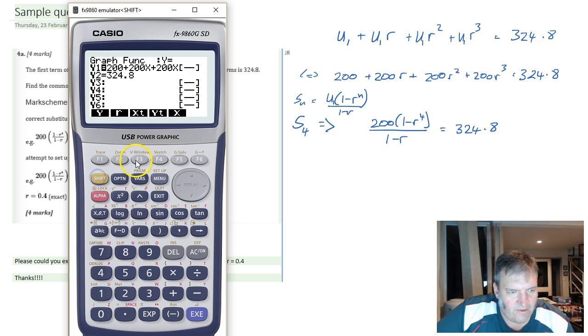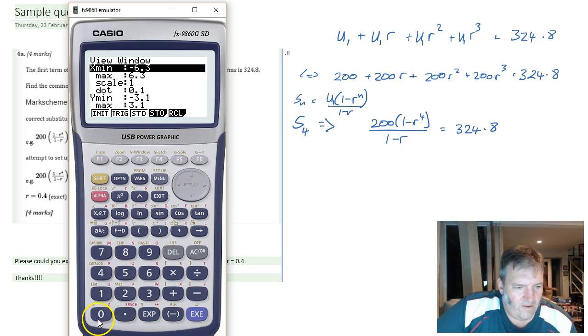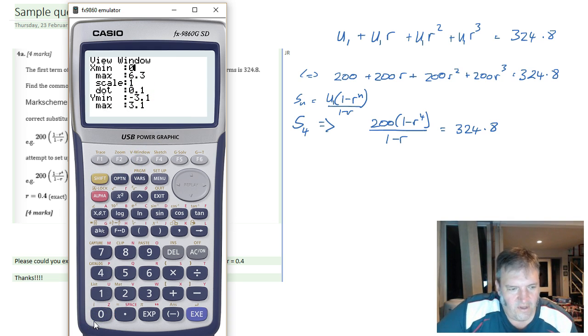Now to make sure I'll be able to see it, I go to my viewing window. Whoa, didn't want to do that. Delete that one. Shift. Oh, I've got to get out of that first, then it will let me do it. There's my viewing window. No, it's still not letting me do it. Enter. There, for some reason it didn't want to work. Well, we only want x to go from 0 up to, what could it possibly go up to?